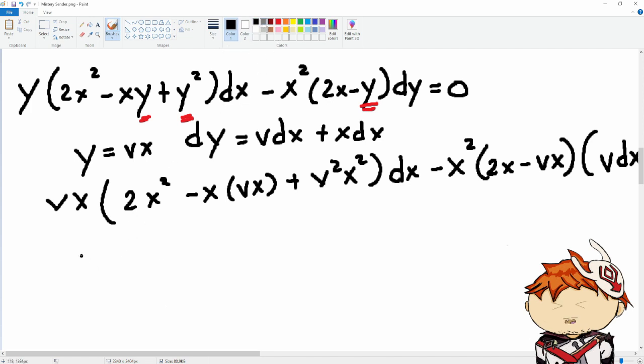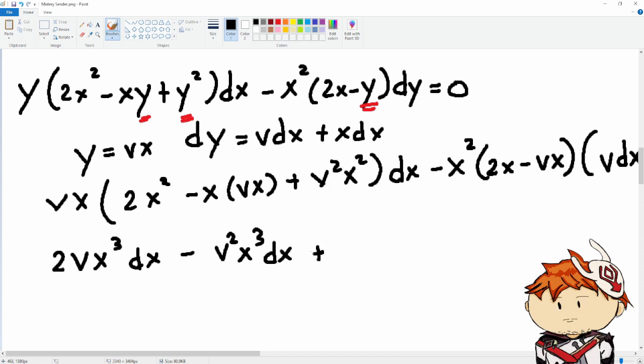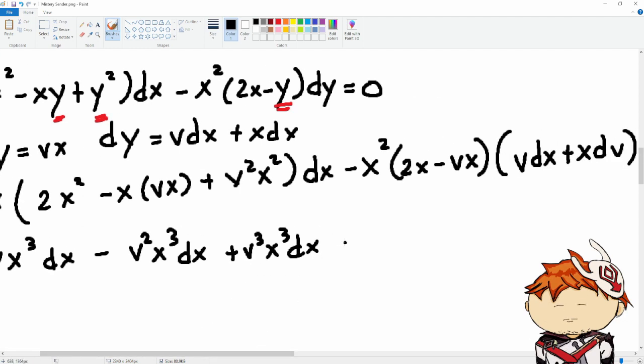Then multiply it. I'm going to write it a little smaller. vx cubed times 2, right? dx minus v squared x cubed dx plus v cubed x cubed dx minus 2x cubed v dx.